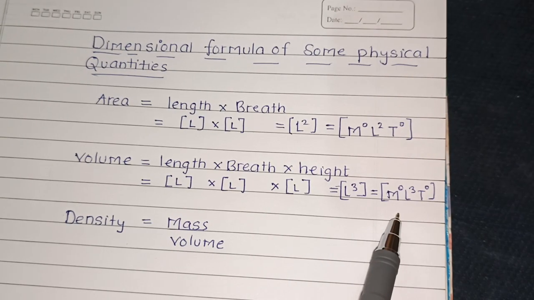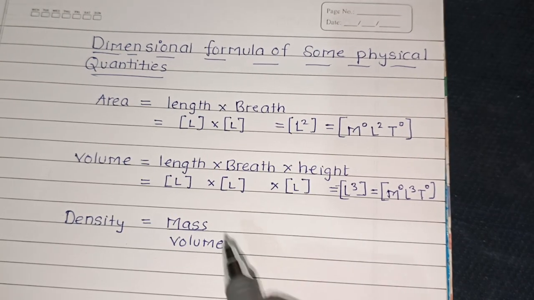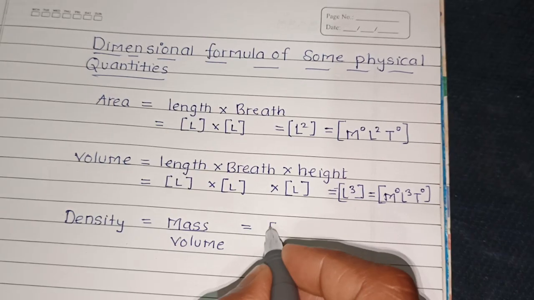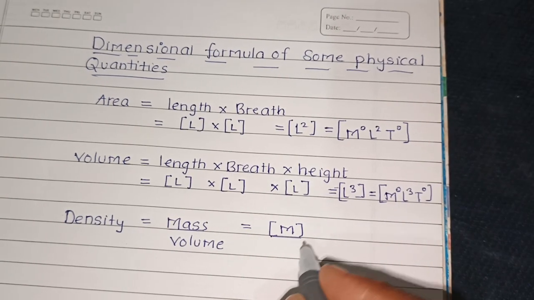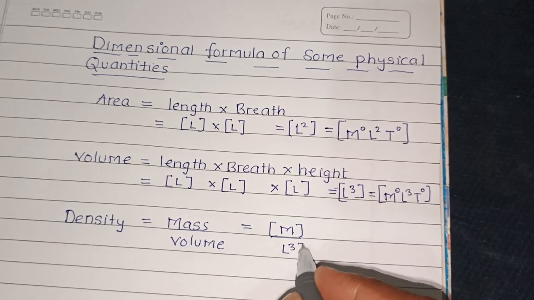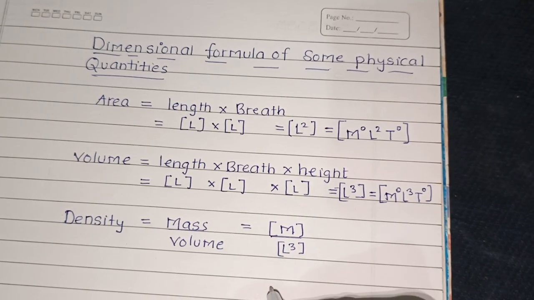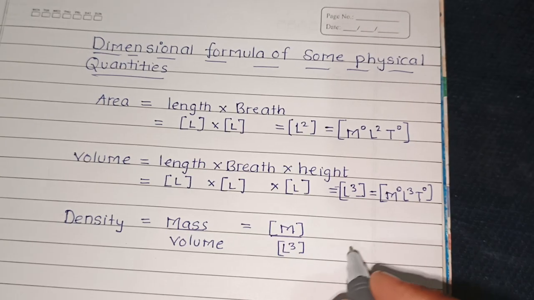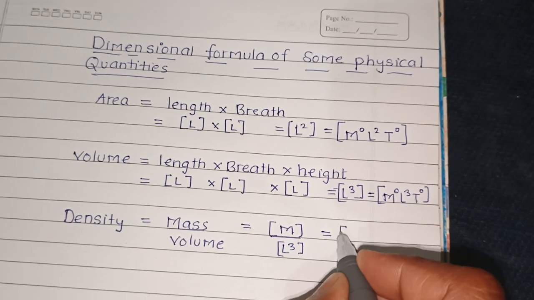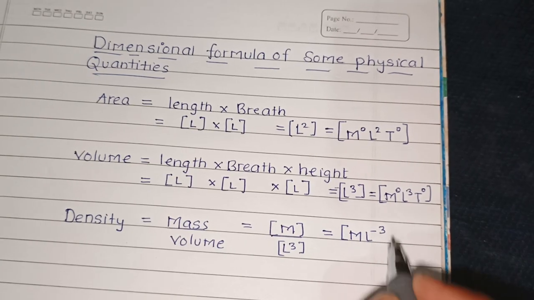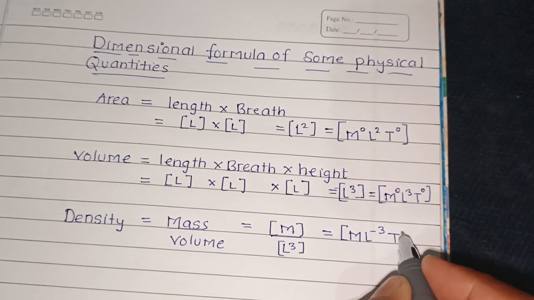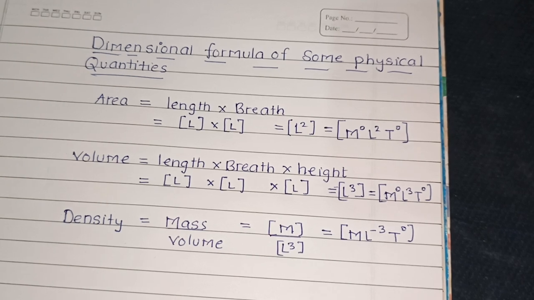Volume dimension is this, so we can write M upon volume, which is L cube. So that is M L to the power minus 3 T to the power 0. This is the dimension of density.